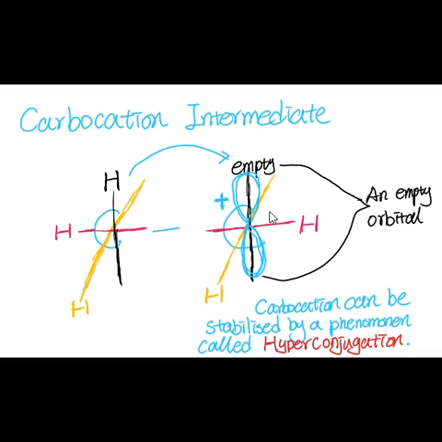But if we have two, more negativity can be donated to that empty orbital to make it more stable than it used to be. And not to mention, if you have three carbon groups donating some of their negativity from all angles, then it is logical to say that tertiary carbocation intermediates will be the most stable. So that's the reason behind it.